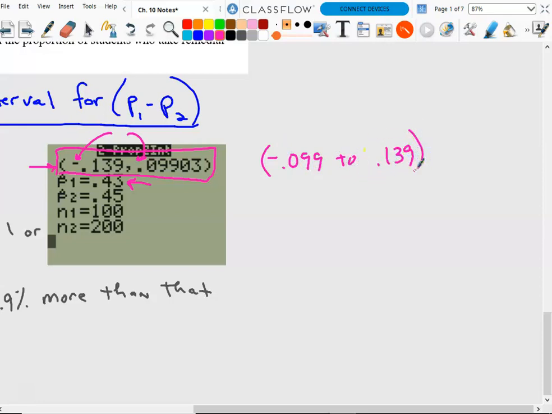So essentially it's the same interval, it's just the order of the subtraction changes a little bit what your answer might look like. So you do have to be careful for this, and it is something that they will look for.